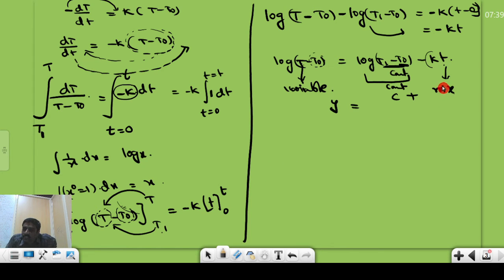But please concentrate here, m is the slope of the graph, and that slope is negative. Negative slope, how does the graph look?